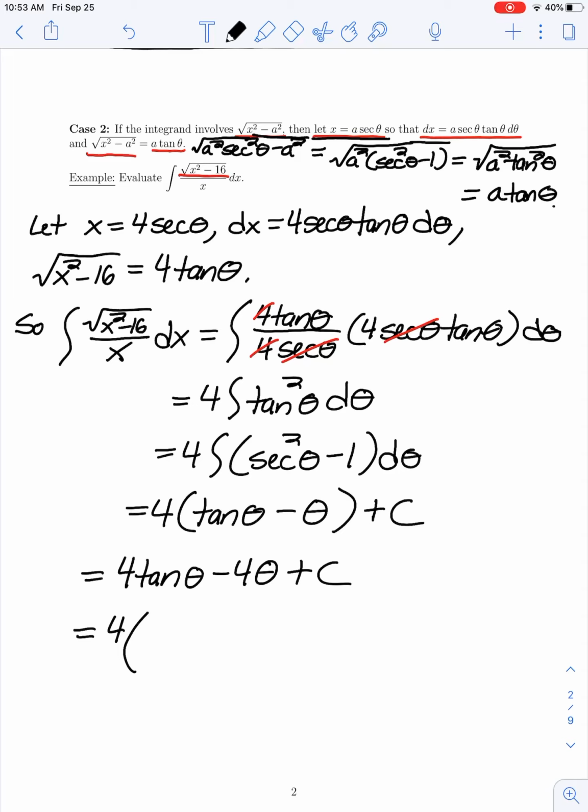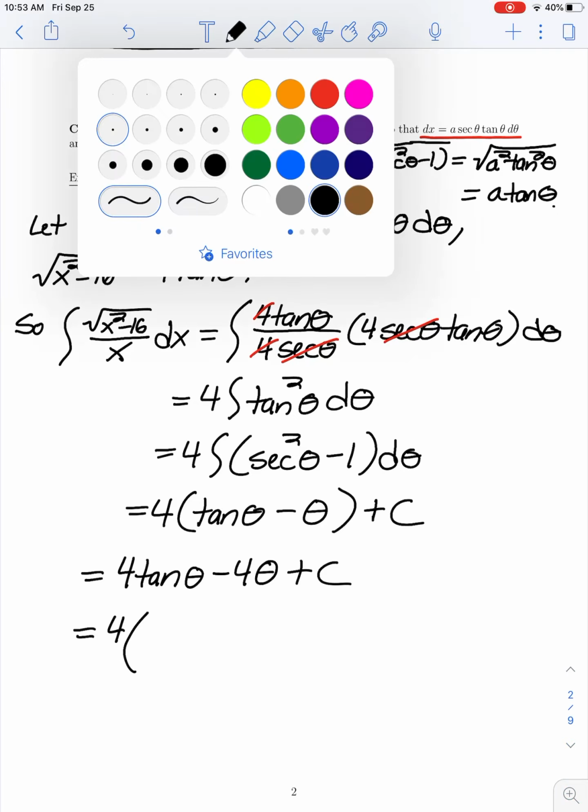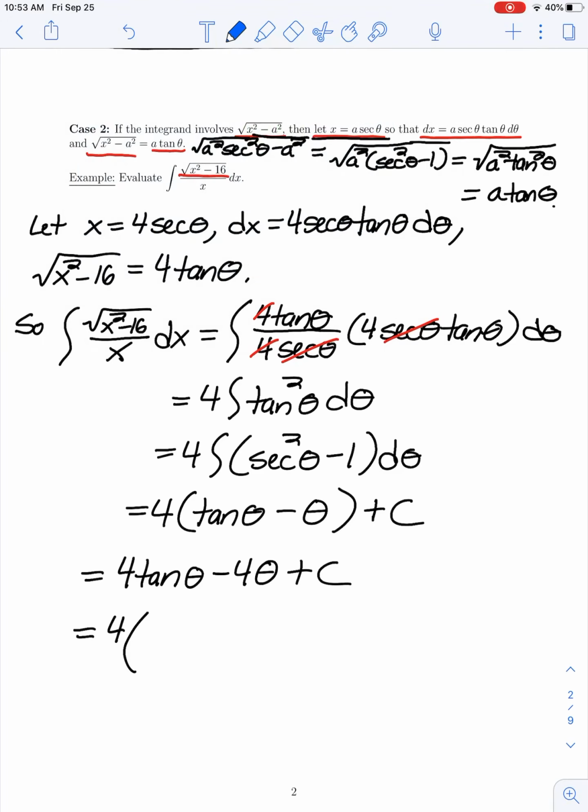So this is 4 times, let's see if we can find tangent theta. There are a few ways we could do it. We could make use of the reference triangle approach that we used in the first example. Or if I look back at my previous work when I was doing the substitution, I have an expression involving tangent theta right here.